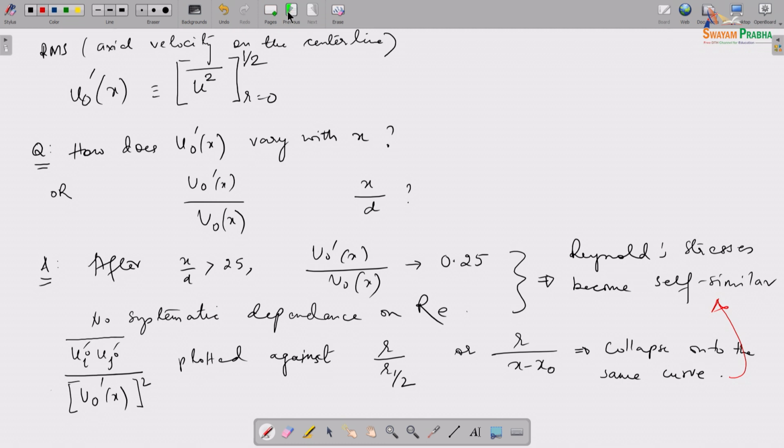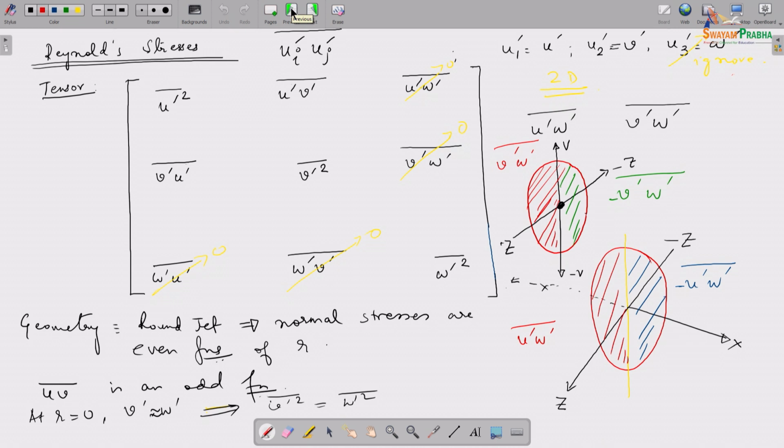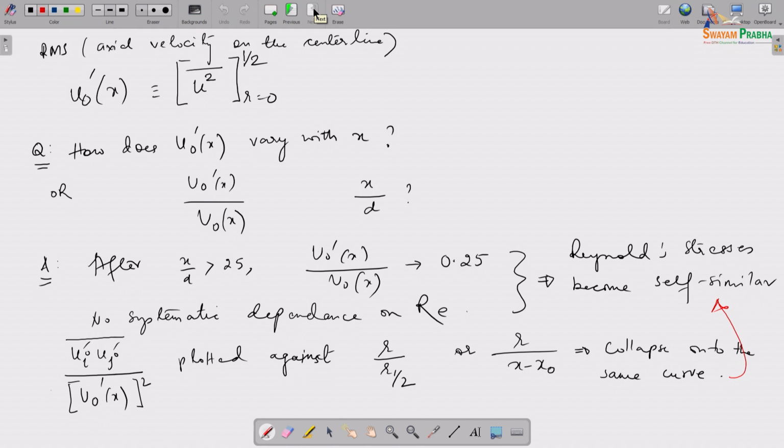So, if I were to go back just a little bit, what we found in the last class is that the mean central velocity is self similar. And now we see that the Reynolds stresses themselves are also self similar, so we took a 3D space and statistically a 2D velocity profile, and the Reynolds stresses are also self similar, and there is no systematic dependence on RE.